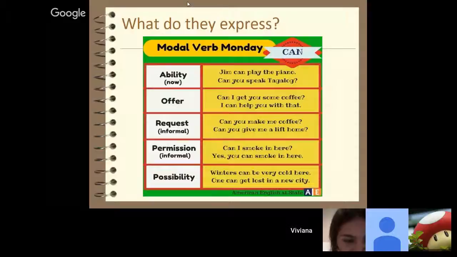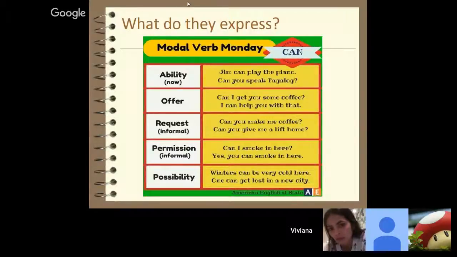Now, we have the modal verb can. We use it for ability, offer, request, permission, and possibility. For ability, we say, Jim can play piano. There is something that he can do. For an offer, we use it like, can I get you some coffee? Can I help you?